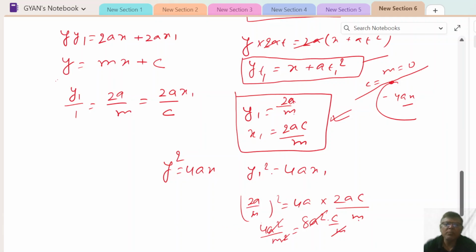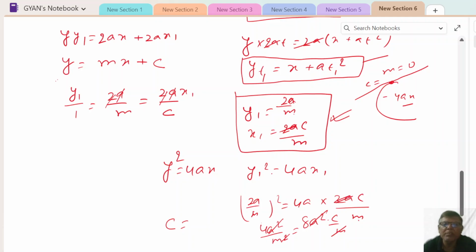So x1 is equal to c by m. Sorry, x is equal to c by m. This one gets cancelled, 2 gets cancelled. So x1 is equal to c by m.